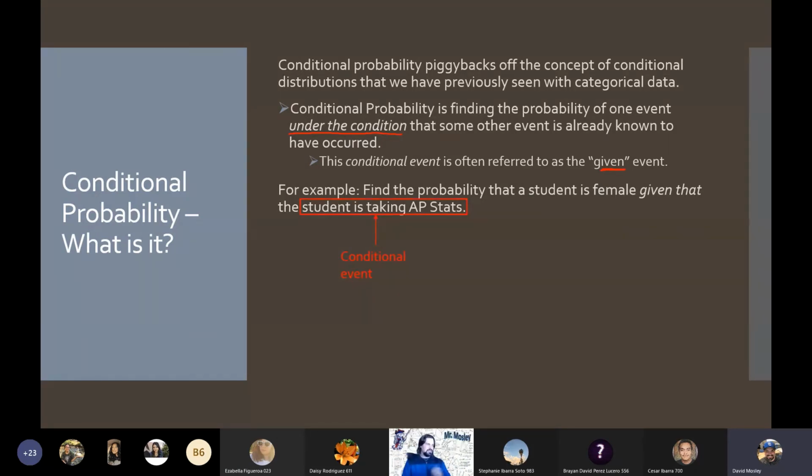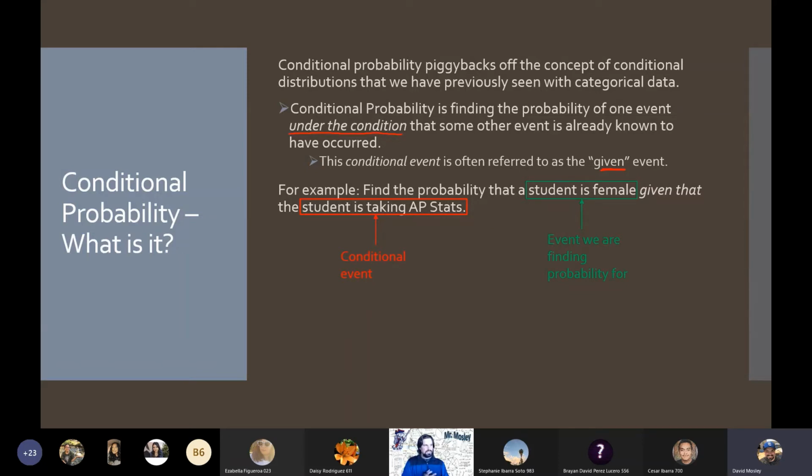Right? In this circumstance here, the conditional event or the given event is that the student is taking AP Stats. Okay, that's the condition. The event we're trying to find a probability for is if a student is female. Okay, so we have two parts of this statement now that we're using to calculate our probability.